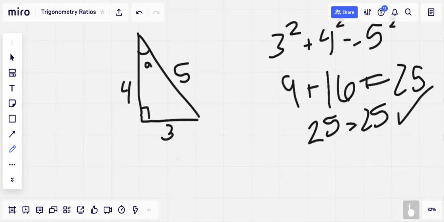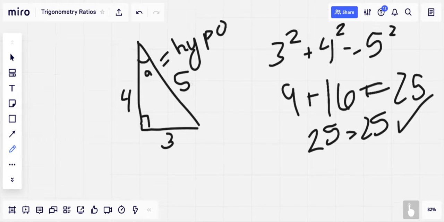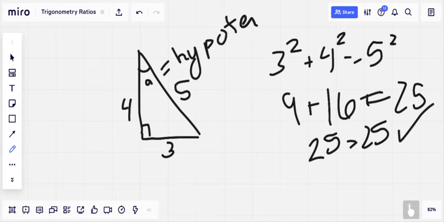So we can now identify sides 3, 4, and 5 with a distinctive name. You might know that side 5 is called the hypotenuse, and the hypotenuse is the longest side in a triangle.